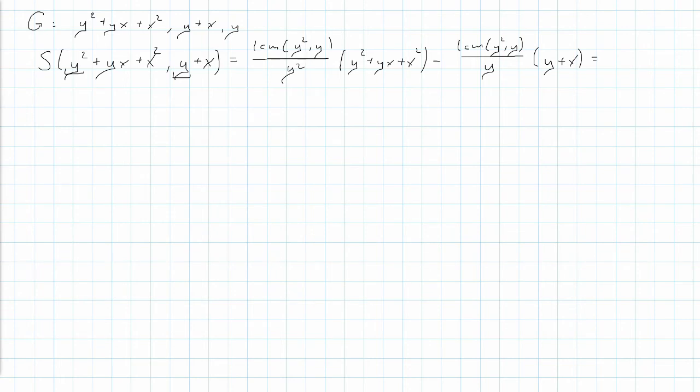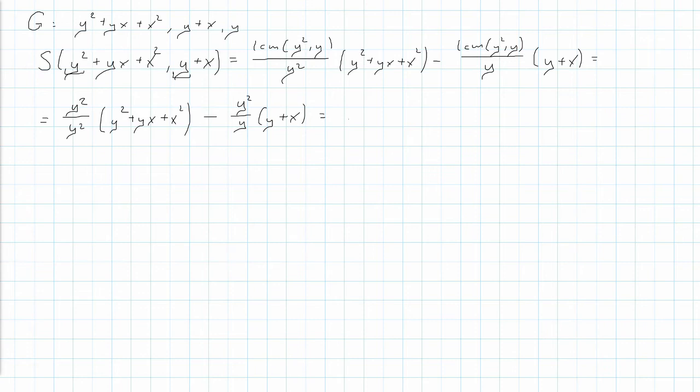Of course, the least common multiple of y squared and y is y squared. So it's y squared over y squared times y squared plus yx plus x squared, minus y squared over y times y plus x. The first fraction is 1, the second fraction is y.